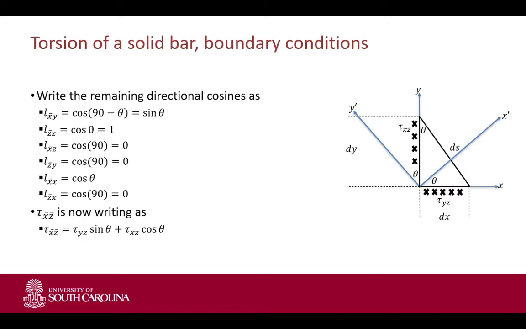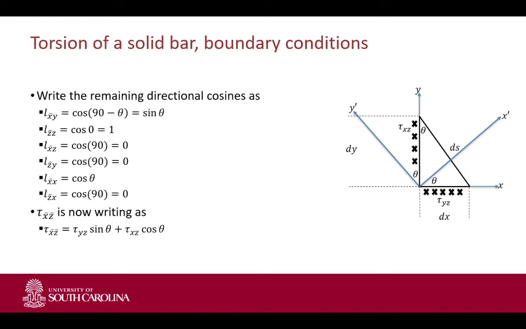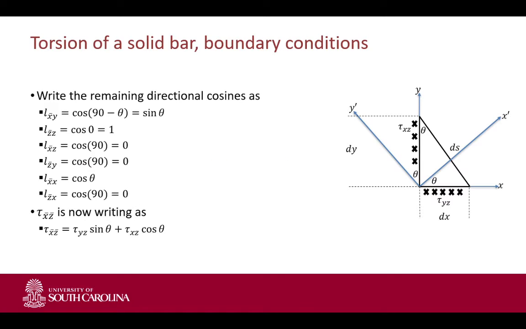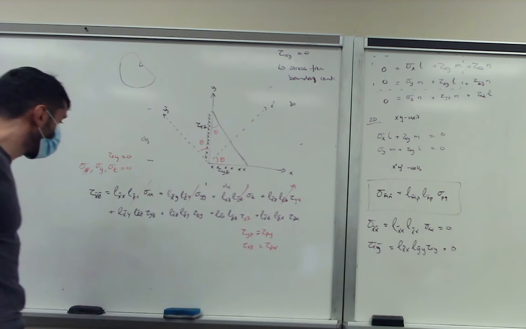So basically we can write these transformation directional cosines that we had earlier now in the form of cosine 0, or cosine theta, or sine theta. And because of that, this bottom equation that we derived for tau xy, the shear stresses in our new coordinate transformation, can be reduced to a function of sine and cosine of theta.